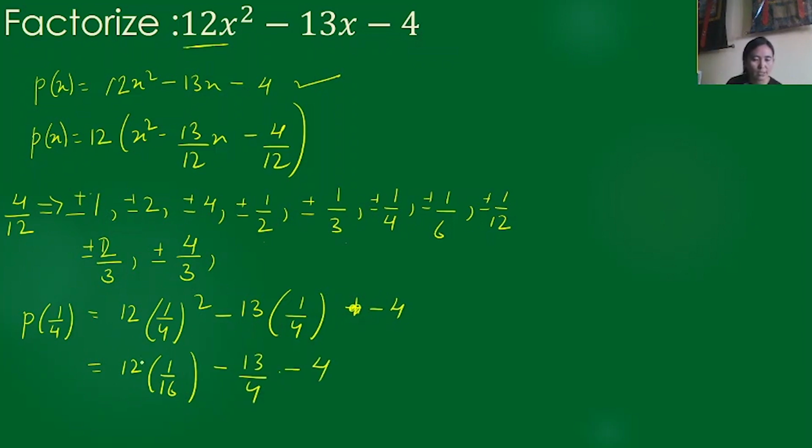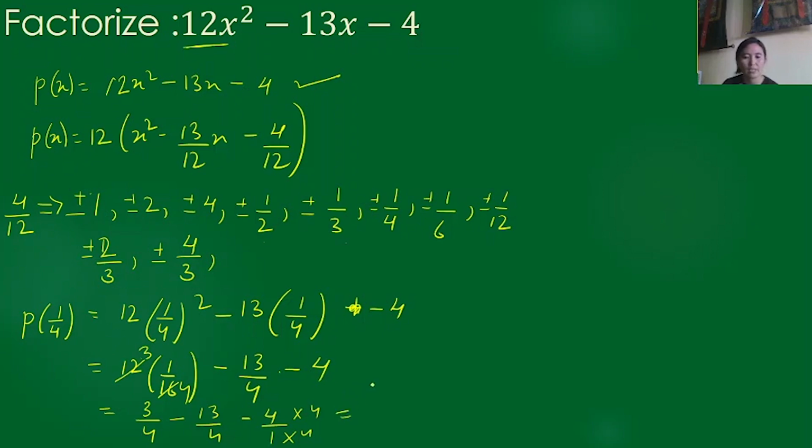So here 12 and 16 get cancelled, so you'll get 4 threes are 12 and 4 fours are 16, which is equal to 3 by 4 minus 13 by 4 minus 4. Now the denominators are not the same, so we'll make the denominator the same by multiplying the constant term by 4 and dividing it by 4.